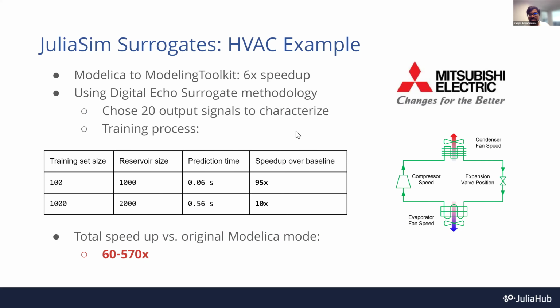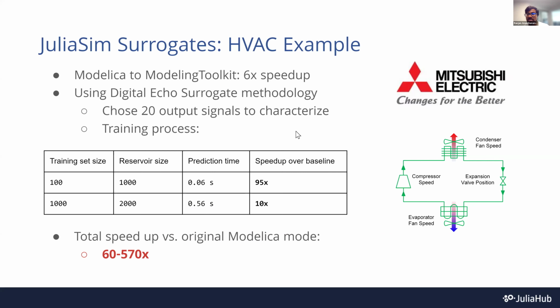Just as an example, this is the surrogates example we're going to look at. This is from a slightly different model than the one I'm going to show you today, because we're doing a live demo, and the model I'm showing you today is a bit simplified. But really you can get a couple of orders of magnitude speed up out of the surrogate model, which honestly should not be very surprising.